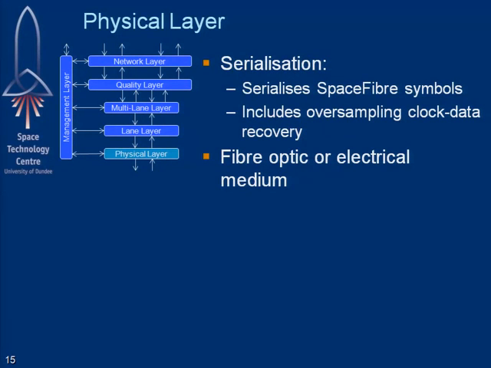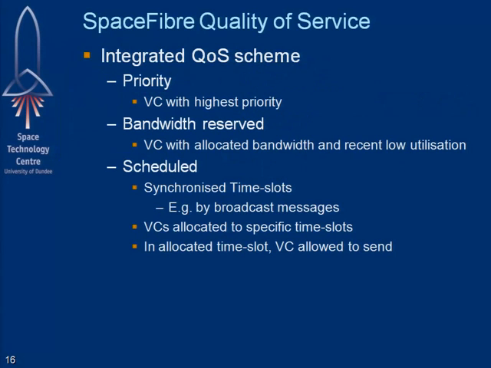As well as high-speed SpaceFibre, we can also run SpaceFibre at lower speed using an oversampled clock data recovery mechanism. So you can use this at multiple gigabit per second speeds with very high performance clock data recovery, or you can use simpler techniques at lower speeds. And as I said, it runs over fibre or electrical medium. Okay, so that's given you an overview of the protocols.